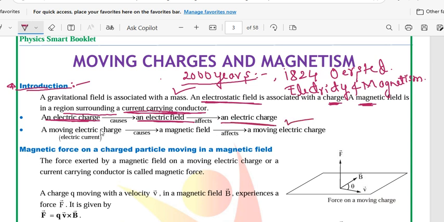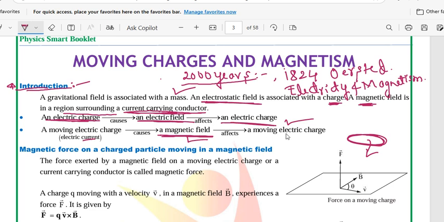And now a moving electric charge, I mean electric current, this will cause the magnetic field. I have told you, when any type of current carrying conductor is placed near the magnetic needle, the deflection will increase. In the same way, moving electric charges or electric current cause the magnetic field, which will show the deflection.